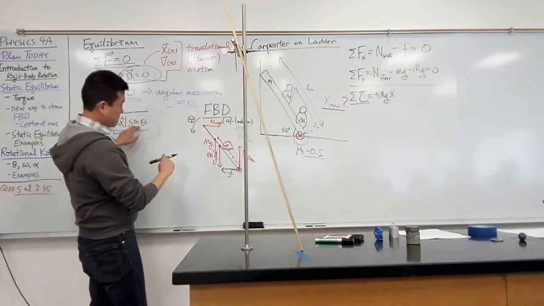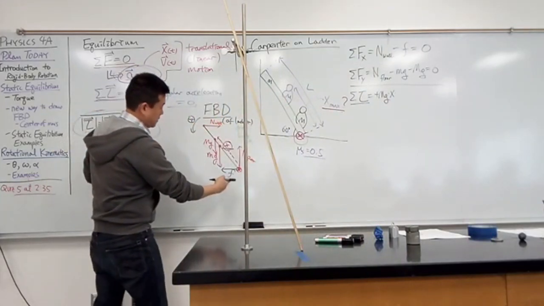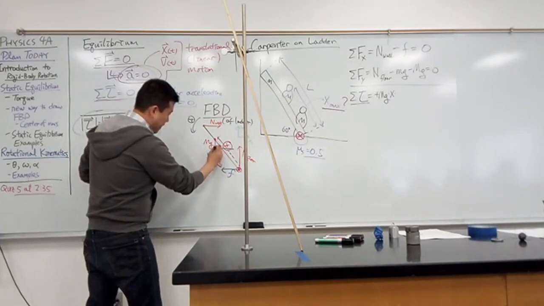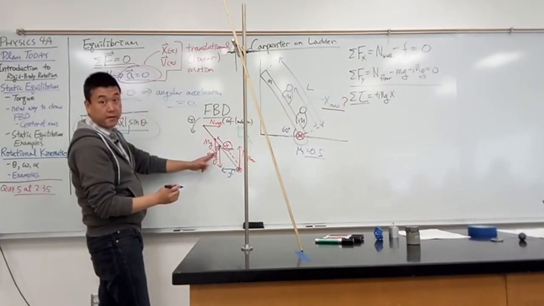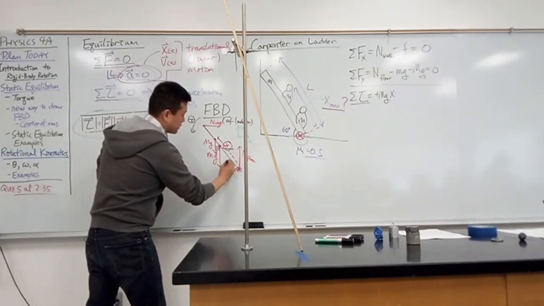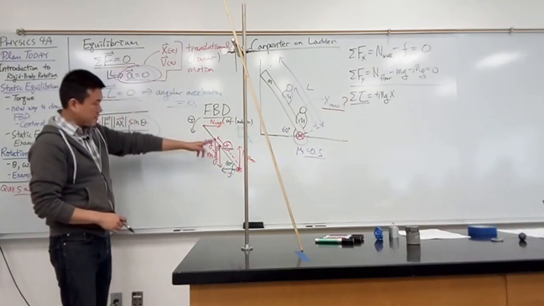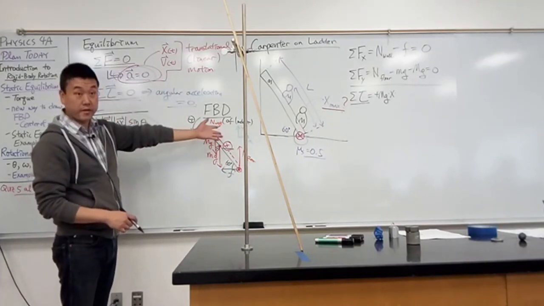So here the angle that I want to look at is, so this is the angle theta that I need to look at. The angle that we were given was 60 degrees. So let me just write in the angle. So it'll be sine of 30 degrees.